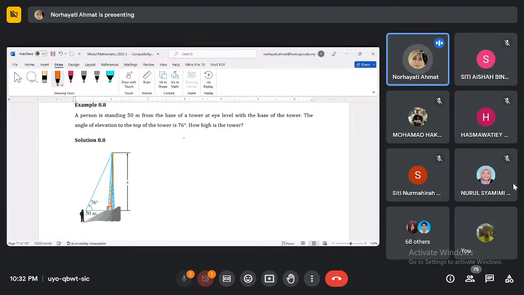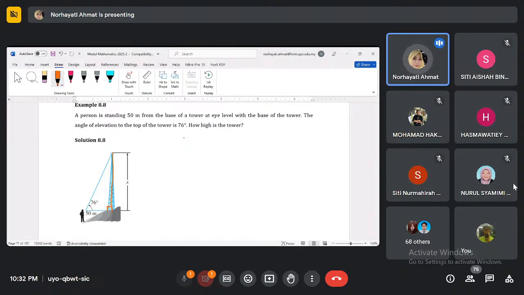So this is the right angle. Okay, given the distance of this person to the base is 50 meter, and the side angle is 76 degree. Okay, 76 degree. So you need to find the height of the tower.